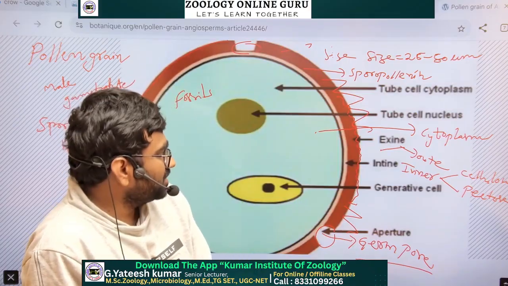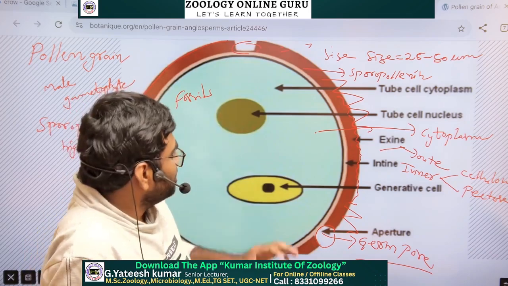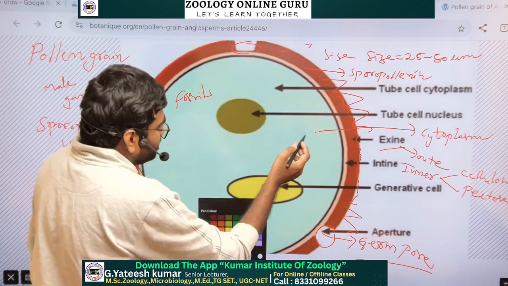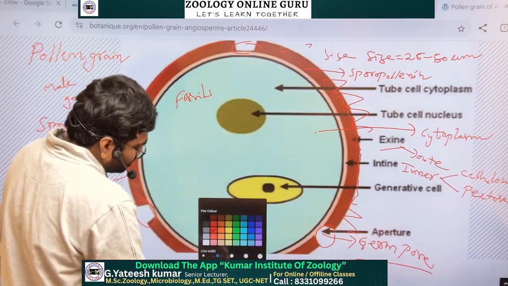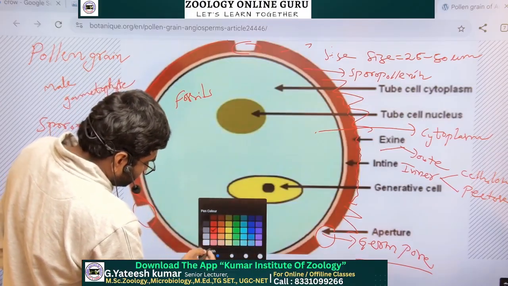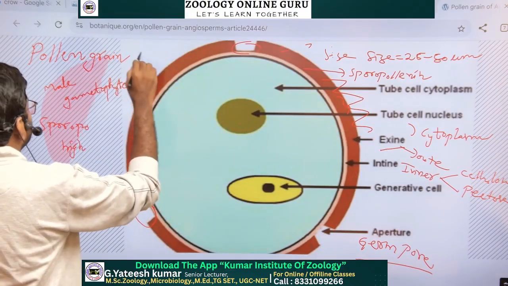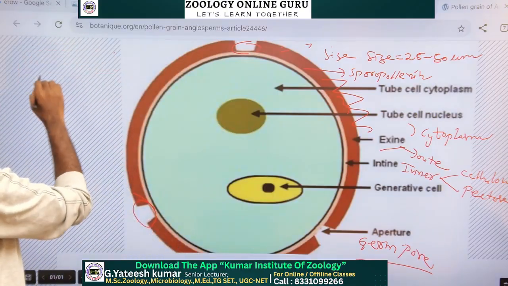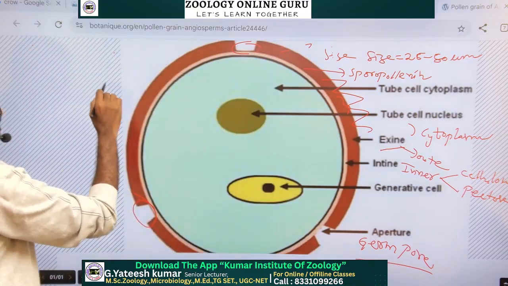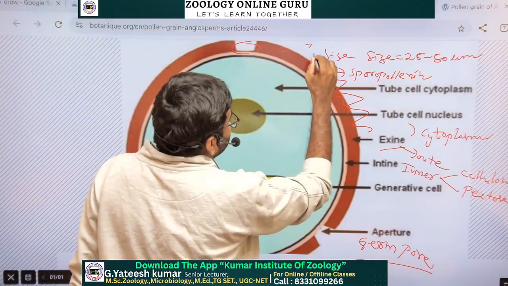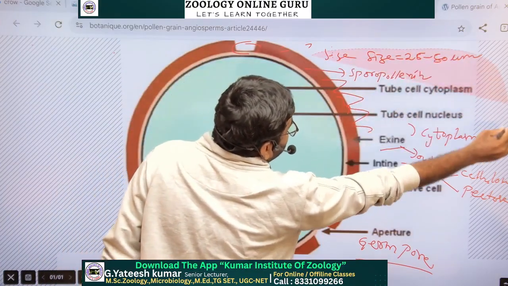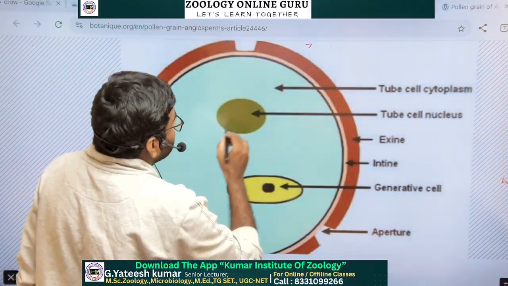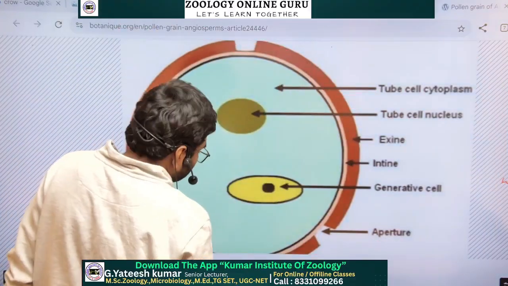This immature pollen grain undergoes mitotic division to form a matured pollen grain, which contains the vegetative cell and generative cell, the two-celled stage. In most flowering plants, angiosperms shed pollen at the two-celled stage. That is one vegetative cell and one generative cell.